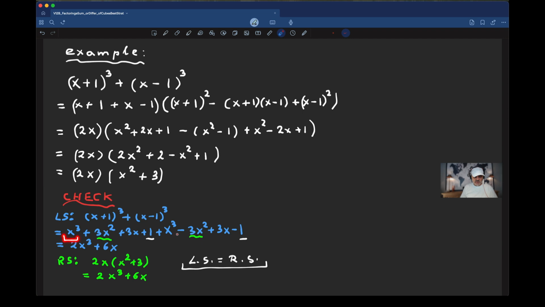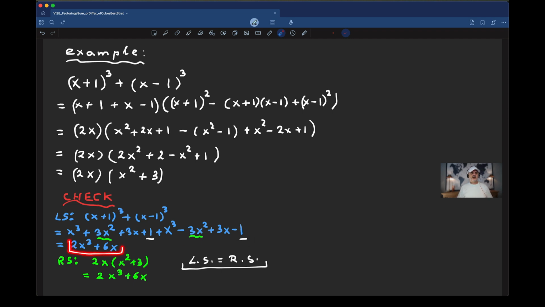So x cubed and x cubed, you get 2x cubed. 3x squared and negative 3x squared is gone. So that is the reduction. And then you have 3x and 3x gives you 6x. And of course, the positive 1 and negative 1 cancel, you get 0. So in the end, you have something like this.